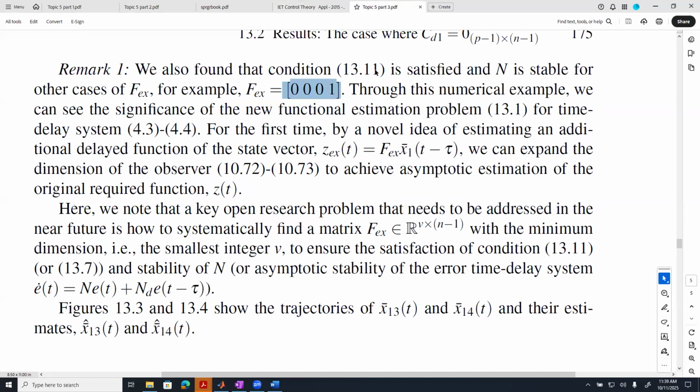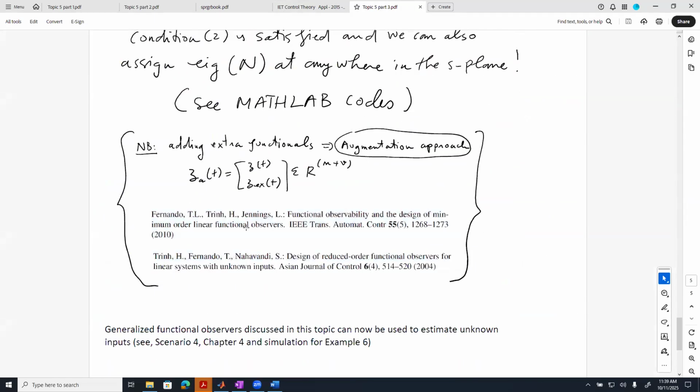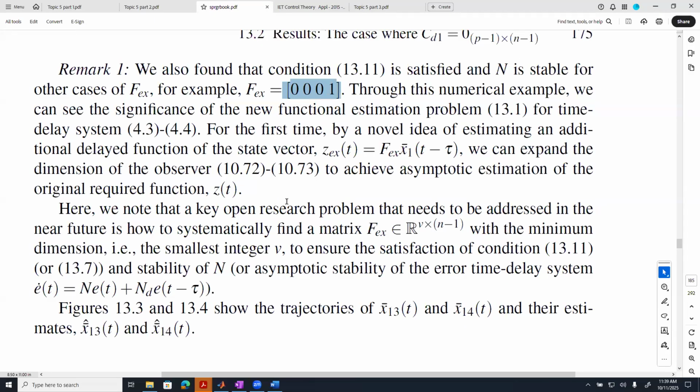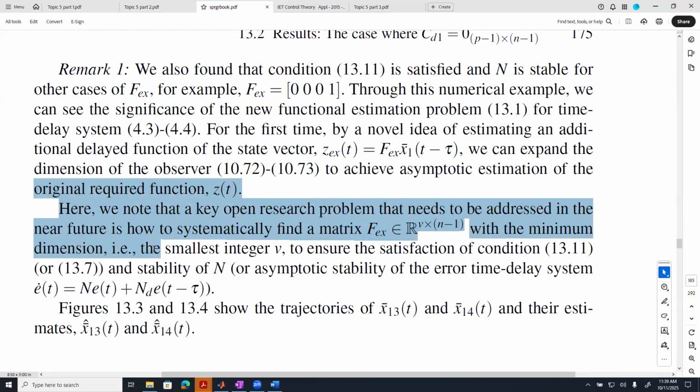In this reference we show that there is an upper bound where we can satisfy a certain condition, and then we test the other condition and so on. There's an upper bound for it. But how to find it with a minimum dimension? How to systematically find it with the smallest integer?